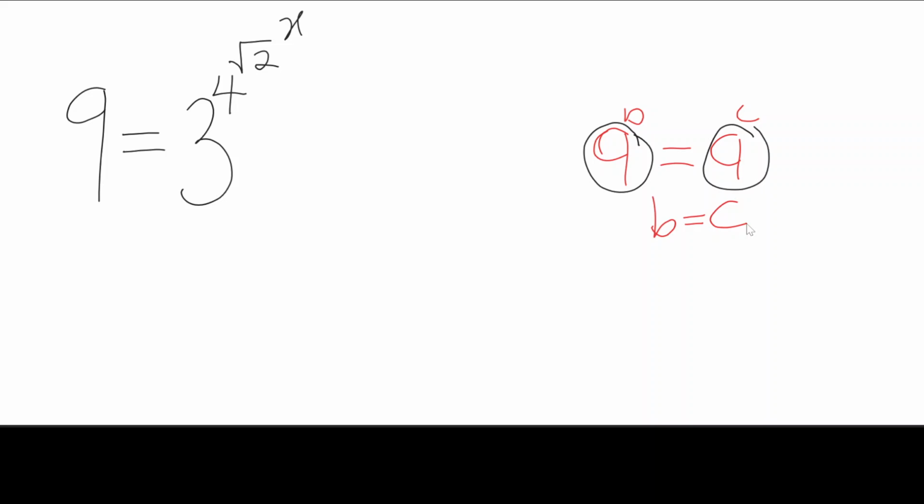9 can be written as 3 to the power of 2. So I can write 9 to be 3 to the power 2, so that we can get equal bases. So we are going to be having 3 to the power of 2 equals 3 to the power of 4 to the power of root 2, then to the power of x.